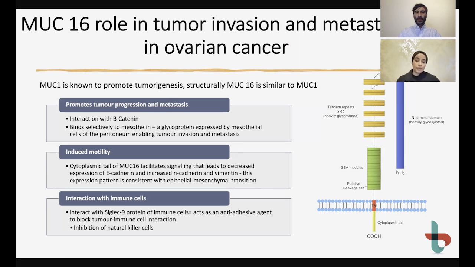It also interacts with the immune system, with proteins such as Siglec-9, which is found in different immune cells, and this acts as an anti-adhesive agent to block the tumor cells from interacting with immune cells. As we previously discussed in the previous lectures, it also inhibits the interaction of natural killer cells.